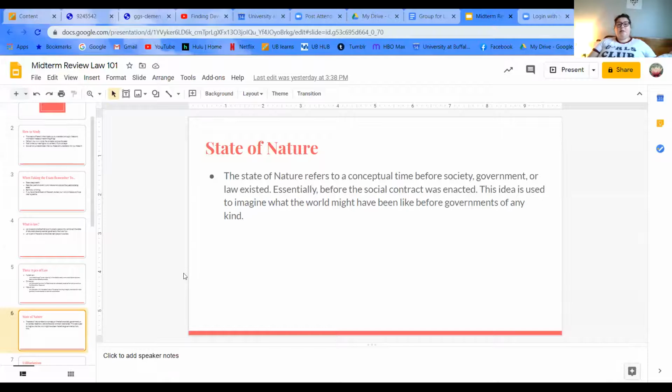This refers to a conceptual time before society, government, or law existed, and before the social contract was enacted. I don't think many people actually believe the state of nature might have existed in a real embodied way. As far as we know archaeologically, I can just say as a little aside from an anthro major here, people have from a very early stage organized themselves into a society with rules.